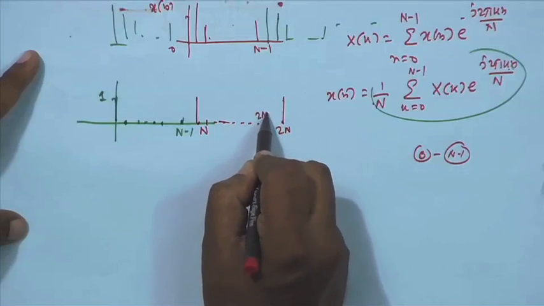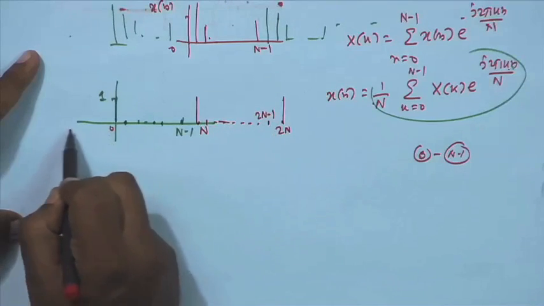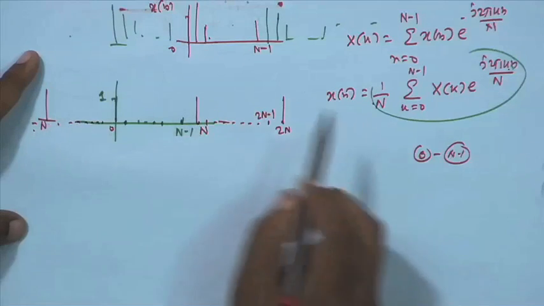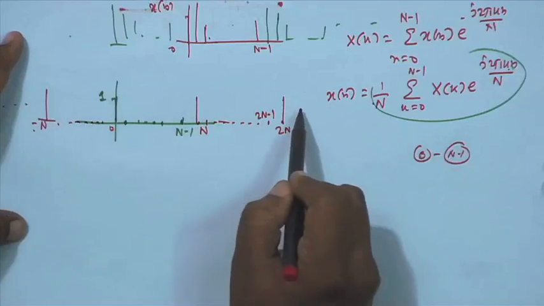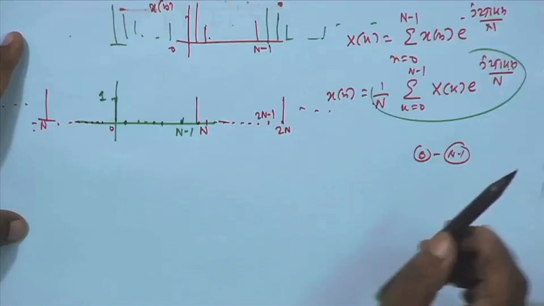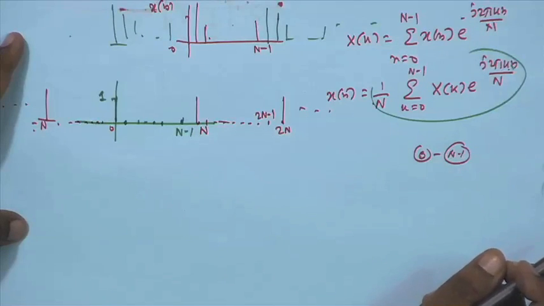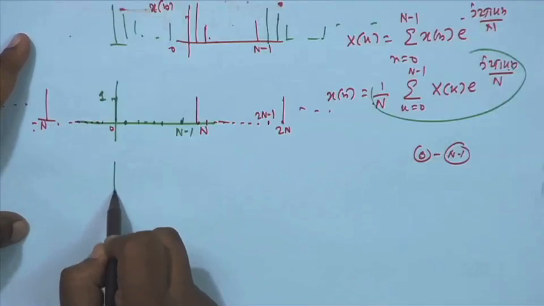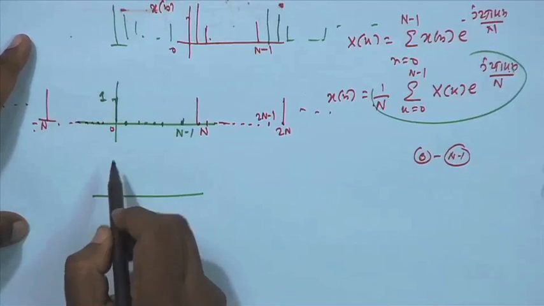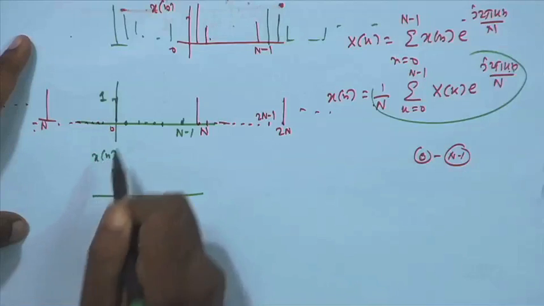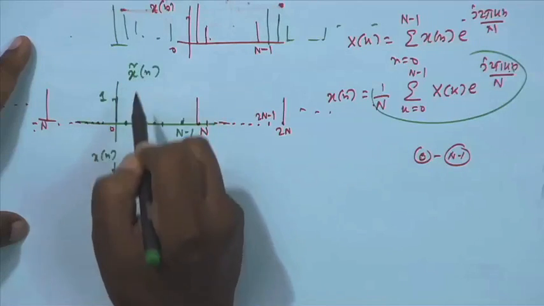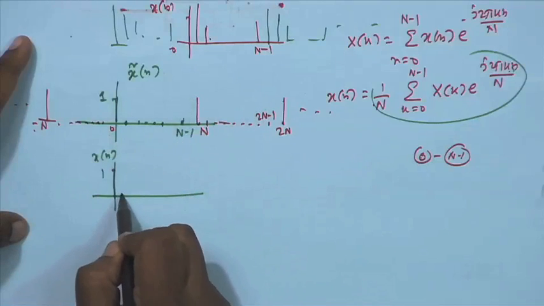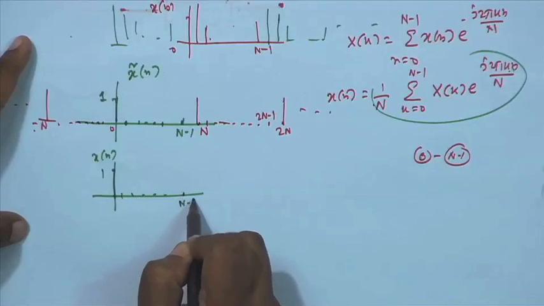So this is 2 n minus 1, again this side is 0, 0, 0, at minus n you have got 1, and so on. This is given. Suppose I take only this part, finite length, call it x n, and call this periodic one x tilde n. So, I take this one chunk, this block only, 1 and 0, 0, 0, 0 up to this n minus 1.